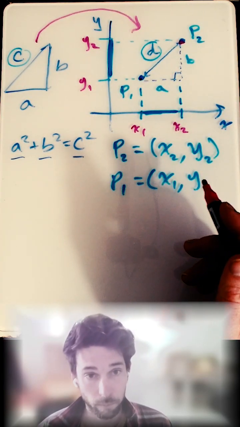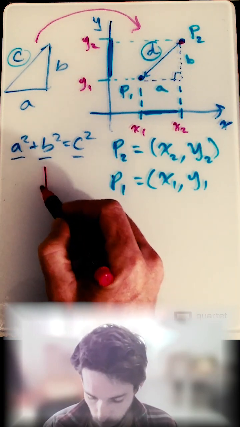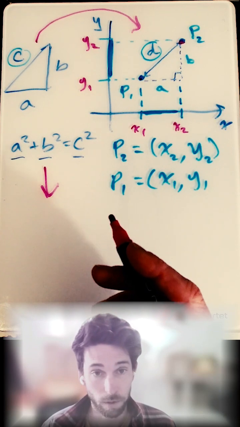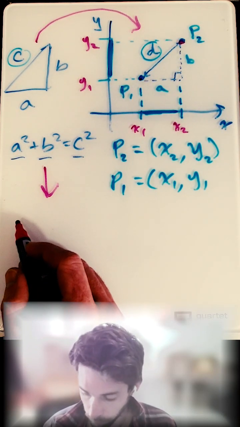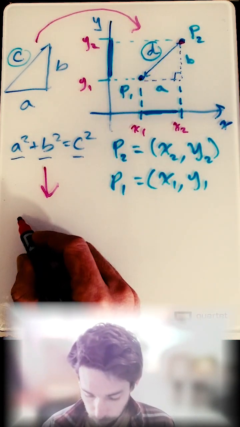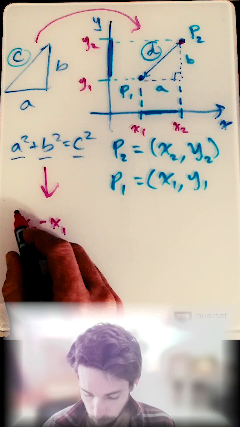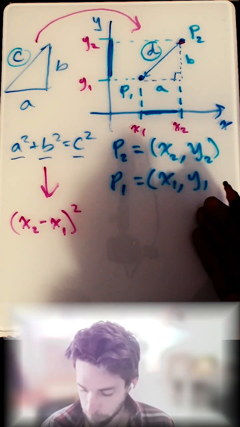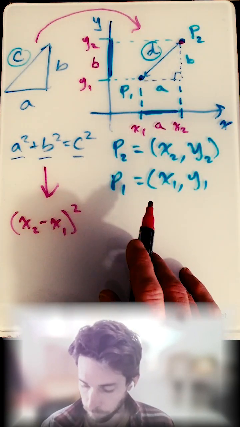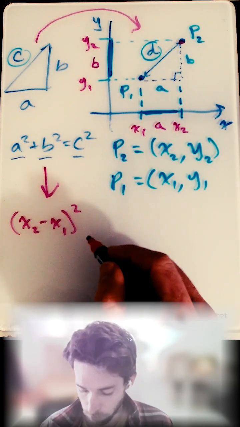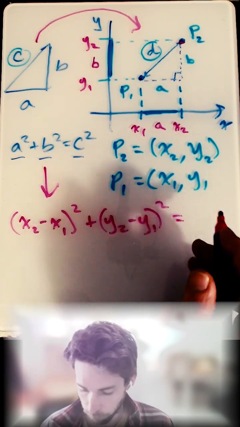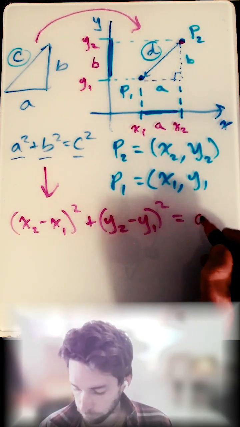So now we can rewrite the Pythagorean theorem in terms of the coordinate system. a is the difference between x2 and x1, and we're going to square it. b is the difference between y2 and y1, squared, and c is d.